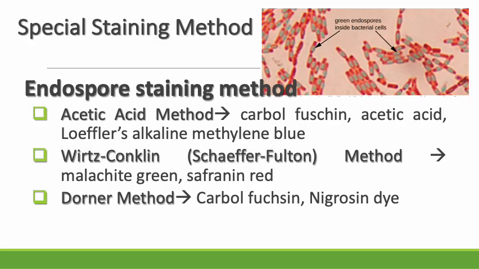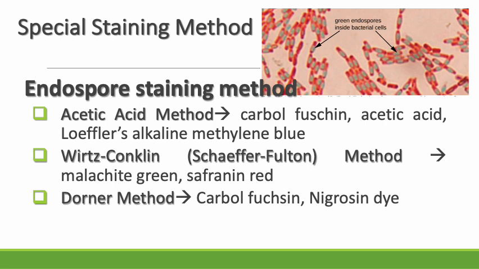Now, besides the two most commonly used staining methods, Gram staining and acid-fast bacilli staining, there are also other special stains used to color specific parts of the bacteria. Firstly is the endospore staining method. It stains specifically the endospores of certain bacteria that can produce spores. The different methods are the following: the acetic acid method, which contains carbolfuchsin, acetic acid, and Loeffler's alkaline methylene blue for the secondary stain.